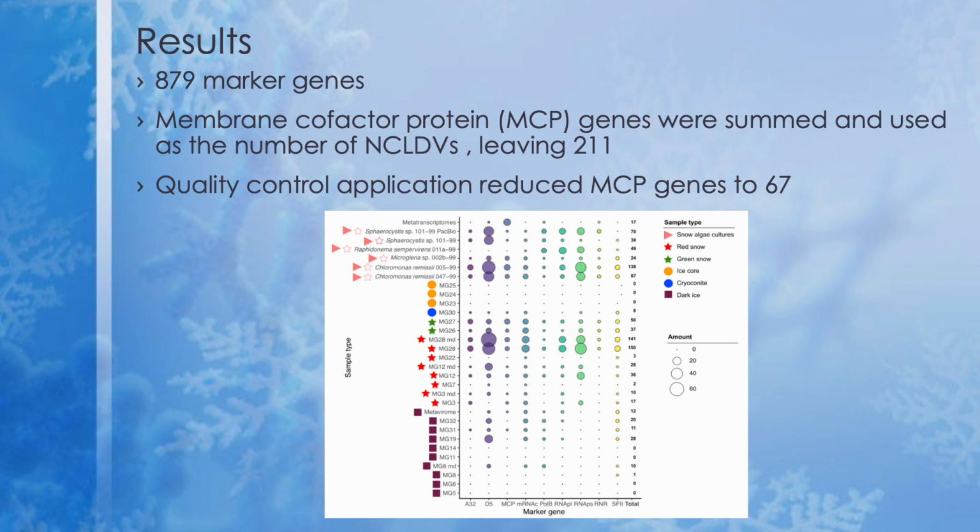Quality control measures were applied to the MCP genes, leaving only 67 MCP genes remaining. The quality control measures potentially limited the detection of novel NCLDVs, but also demonstrated the potential diversity and abundance of NCLDVs in the Greenland ice.